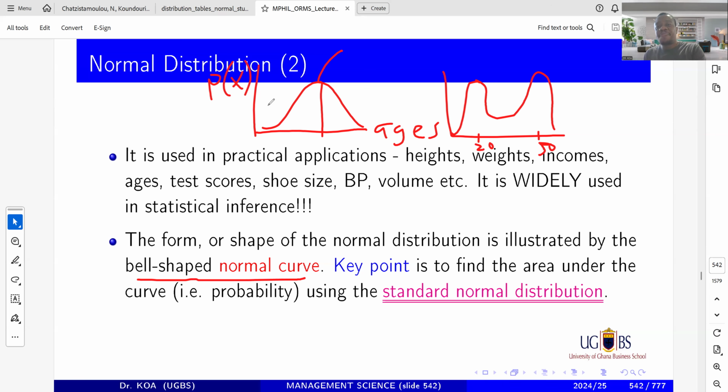In this case, you wouldn't have something that is normally distributed. The distribution becomes bimodal because it has two modes, two ages that are dominating. But when the majority of people are located in one particular age bracket, that is what we are talking about here, normal distribution.